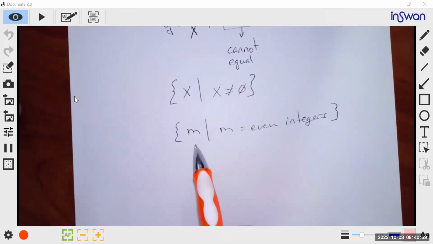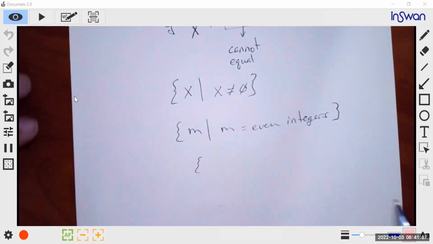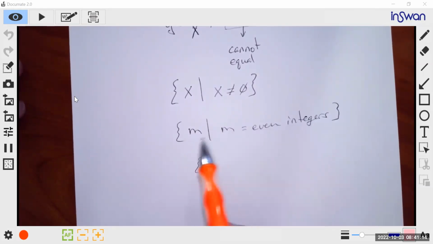Give me some examples of what I can have here in this statement. In other words, my set, give me some examples of what my answer set could look like. How would you read this?